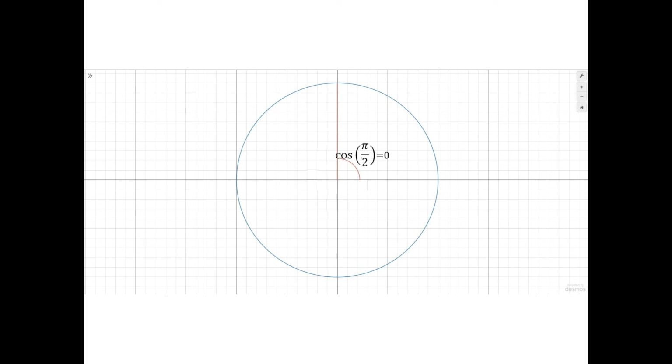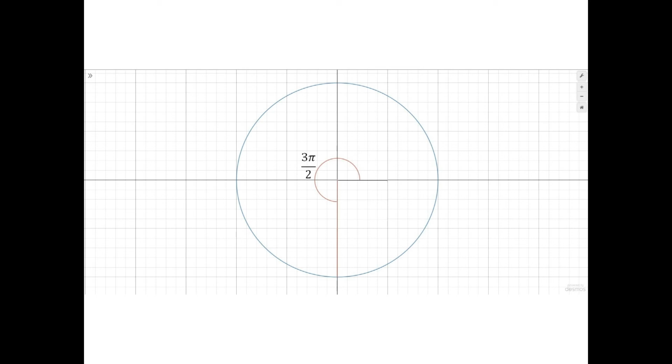Not the angle itself, but the cosine of the angle is equal to 0. And if the angle goes down over here, then the cosine of this angle is also 0. And this angle is actually 3 pi by 2. This is simply a property of the unit circle.